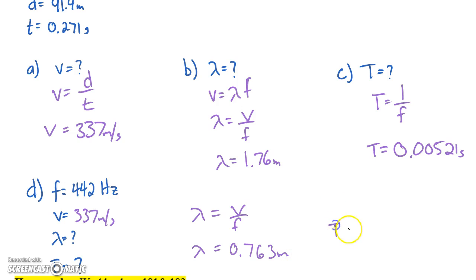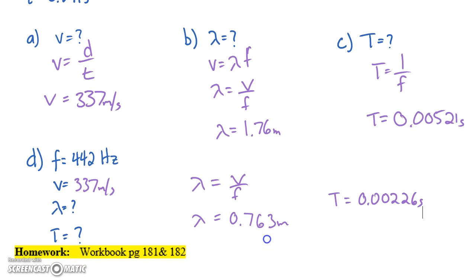And our new period for 442 hertz would be 0.00226 seconds. So we have a shorter period and a shorter wave with it, but it happens much more often in a second because of that. And so we have an increase of frequency. Frequency is sometimes hard to distinguish from speed, but that's where the equation comes into play. So that's the properties of a wave, and as always, physics is awesome.